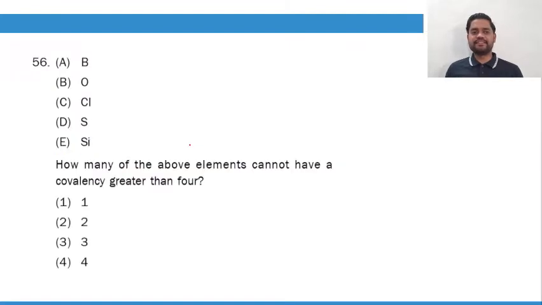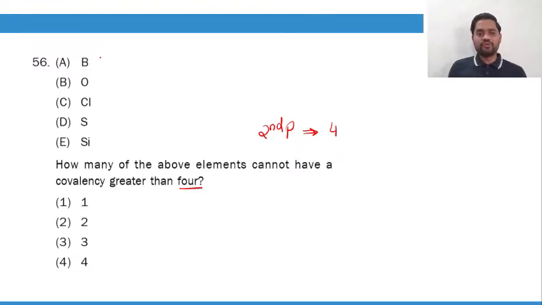Okay, clear? Talking about question number 56. These are the elements: boron, oxygen, chlorine, sulfur, and silicon. How many of the above elements cannot have covalency greater than 4? Always remember, guys, second period element, the maximum covalency that it can show is 4. They cannot have covalency more than 4.